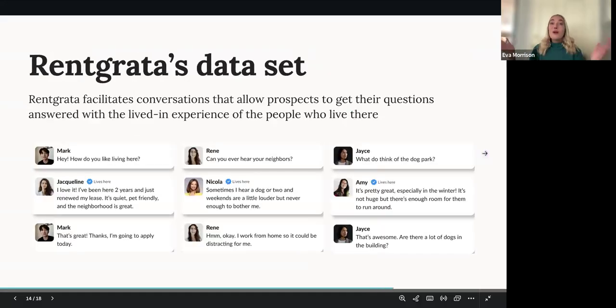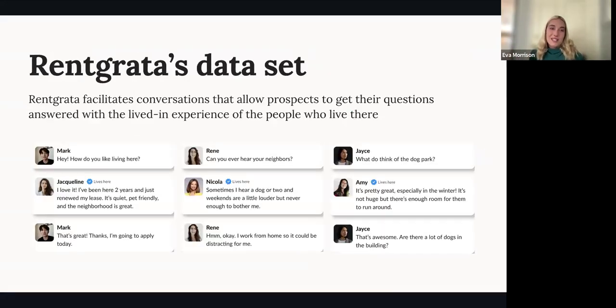So one way we've started to address sentiment analysis in our own data is, I'll back up a little bit and talk about the data set that we've built and how we're using sentiment analysis to extract insights there. What RentGrata does is facilitate conversations between prospects and renters that allow them to get a really accurate and authentic picture of what it's like to live there from somebody who's actually living in that community.